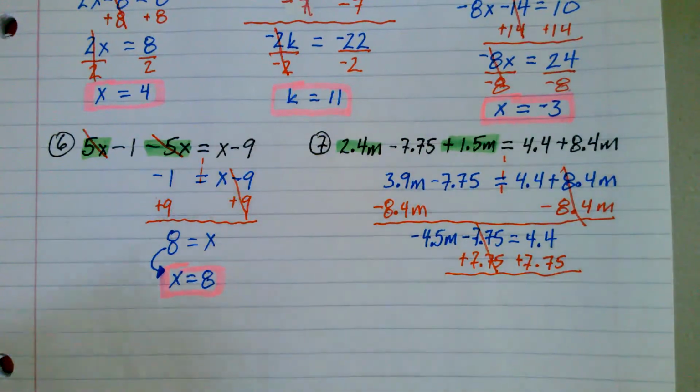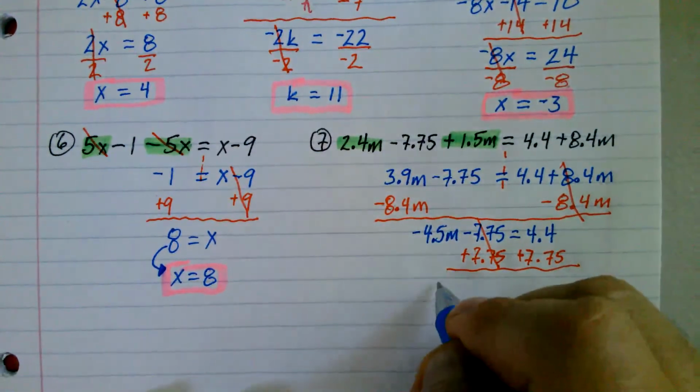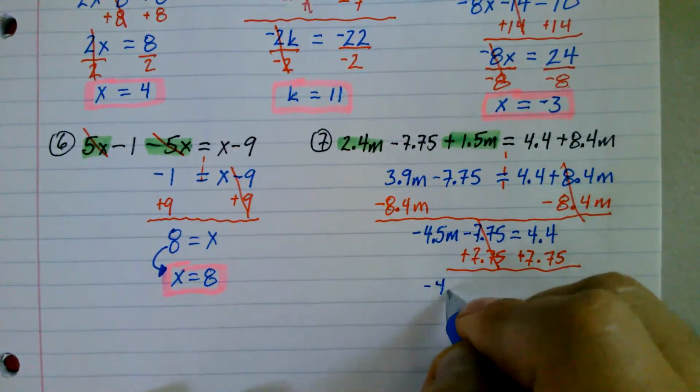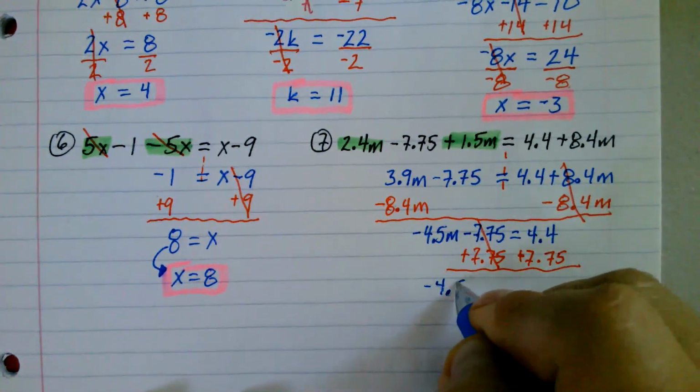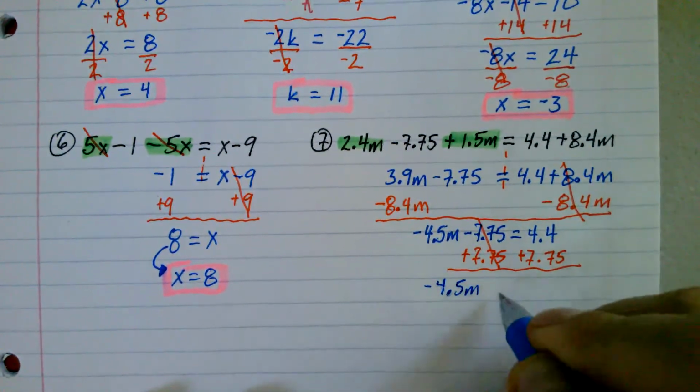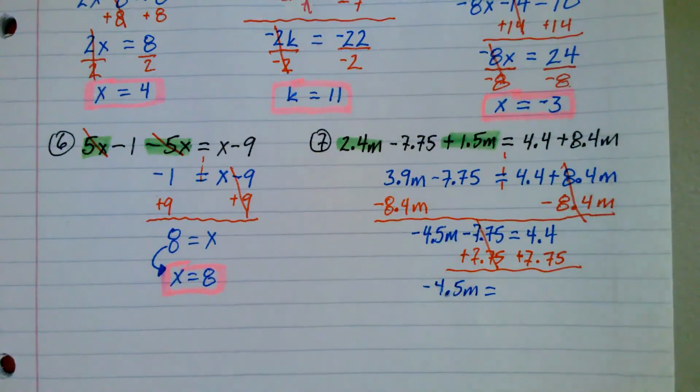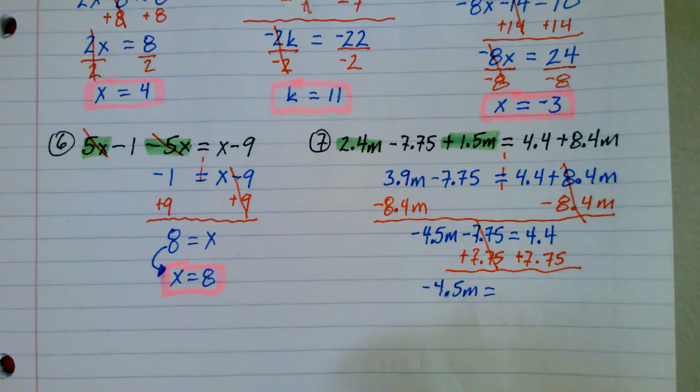All right, let's see what we get. Negative 4.5 m equals, so now I'm adding 4.4 with 7.75. Help me out. What's that going to be? Add the 4.4 with 7.75.